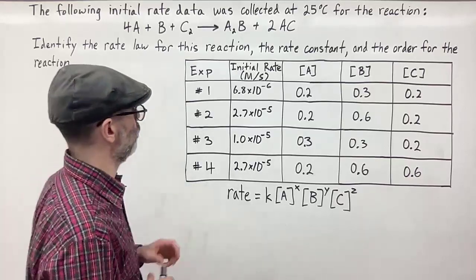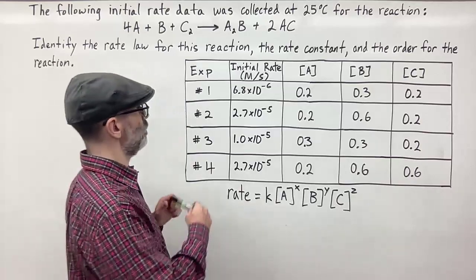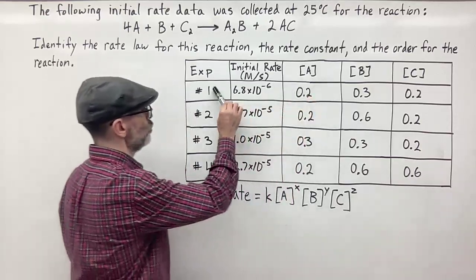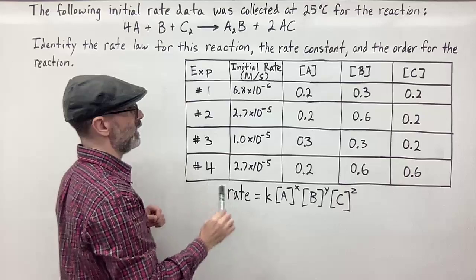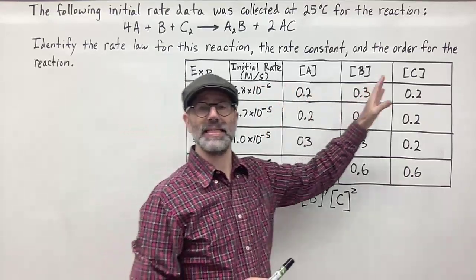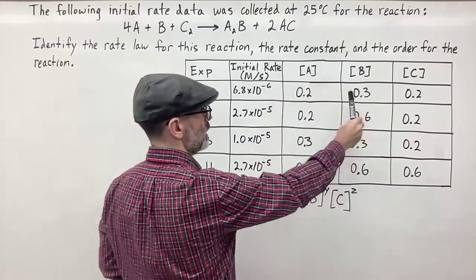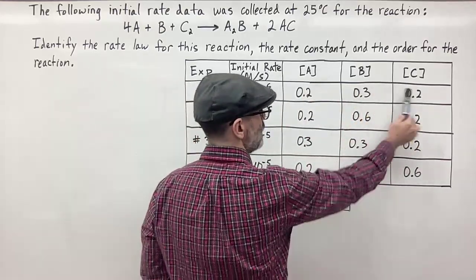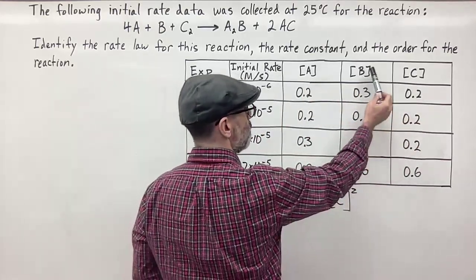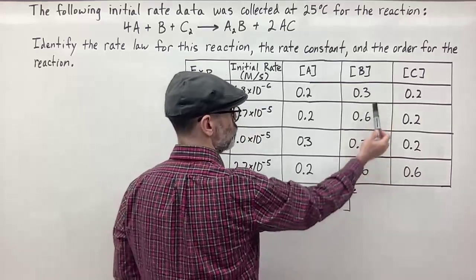So for example, let's take A. So we want to pick 2 experiments in which A changes, but B and C are the same. So we want to find 2 experiments where B and C do not change. So I have B is 3 for this one and 3 for this one.